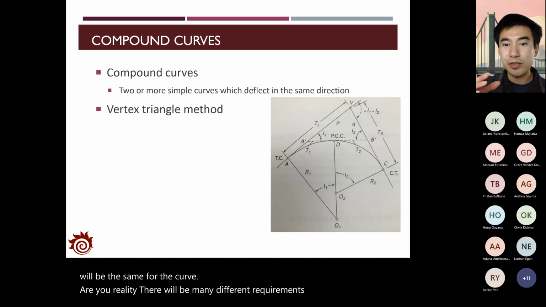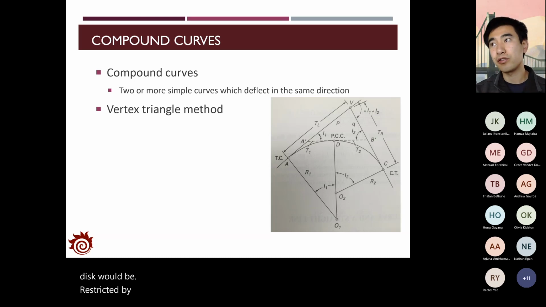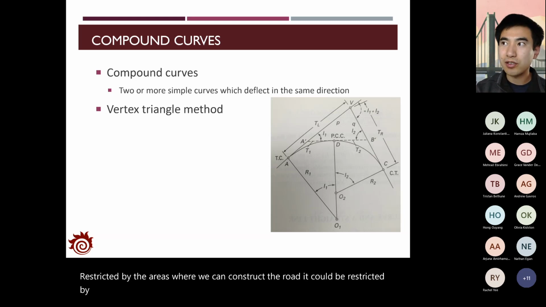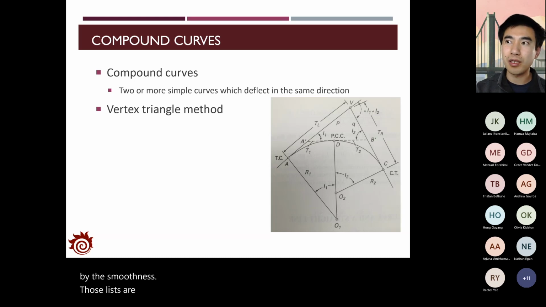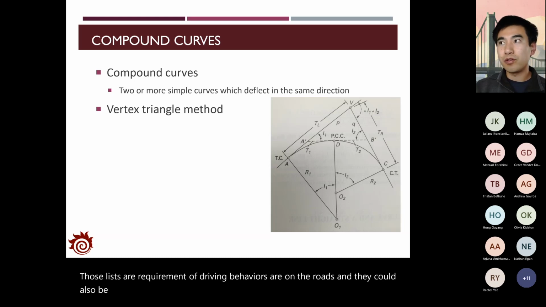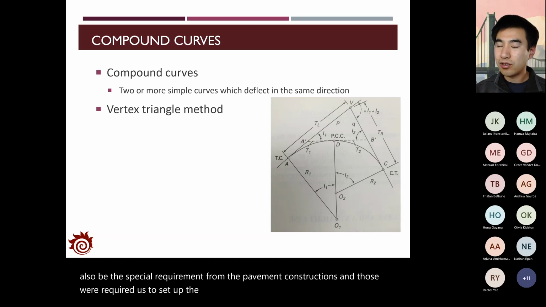This could be restricted by the areas where we can construct the road, by the smoothness requirement of the driving behaviors on the road, and there could also be special requirements from the pavement construction. Those will require us to set up the arc with different degrees of curve.